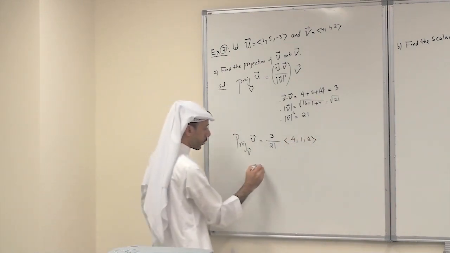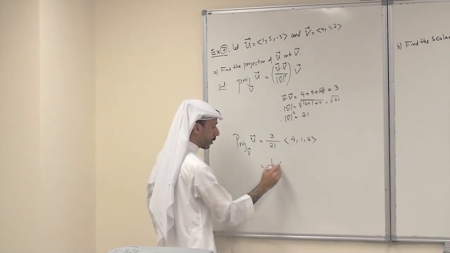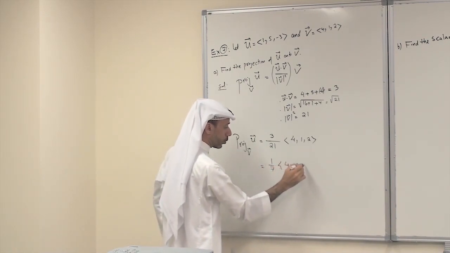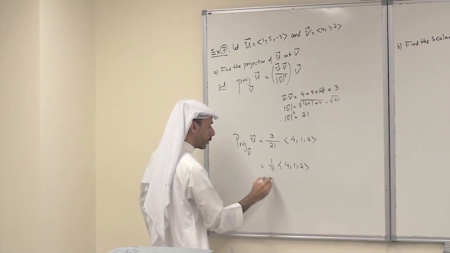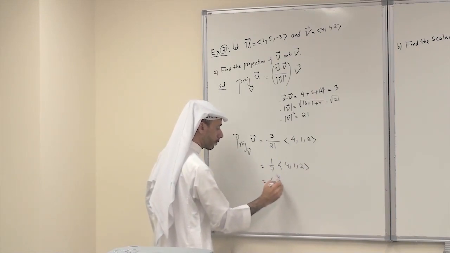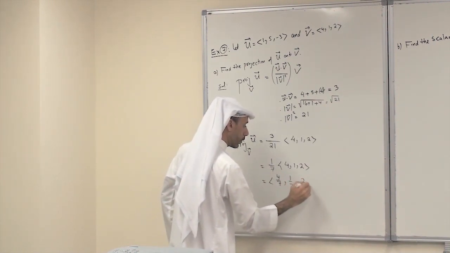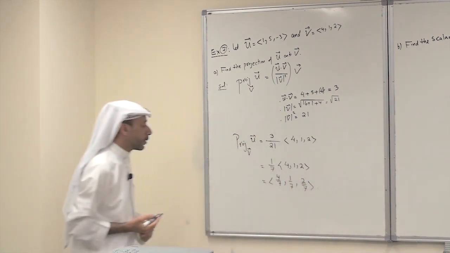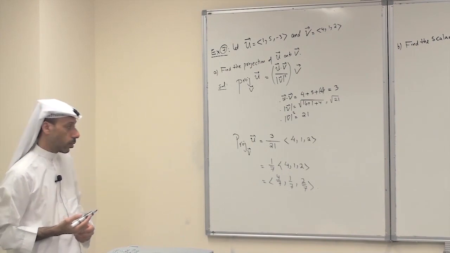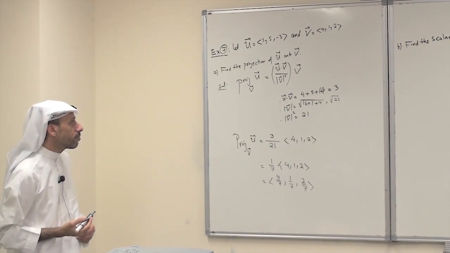Simplify, this is just 1 over 7 times 4, 1 and 2. Multiply through and we get the vector 4 over 7, 1 over 7, and 2 over 7. This is the vector projection of U onto V.